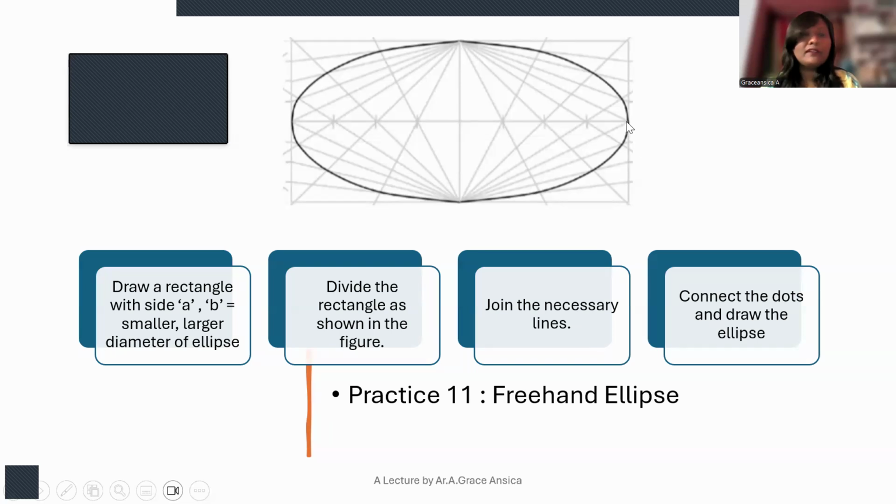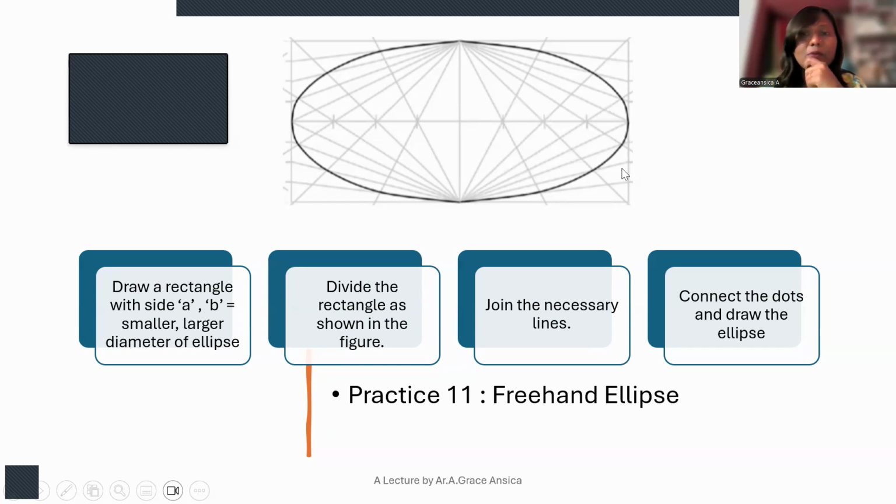Here I don't have to connect. It has already touched the rectangle. So these 3 lines I'm going to draw as radiating lines. Repeat the same for the other segments as well. Again, now from the same radiating point, I'm going to draw 4 lines over here.